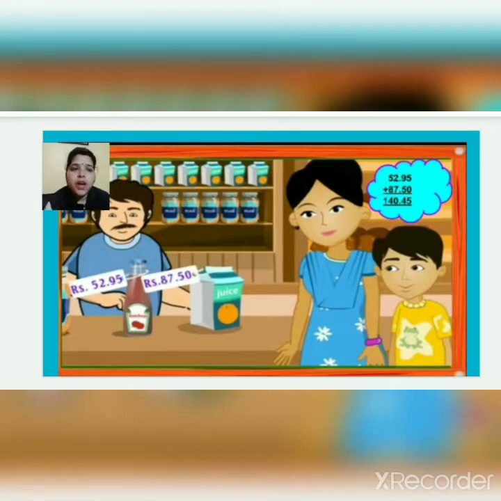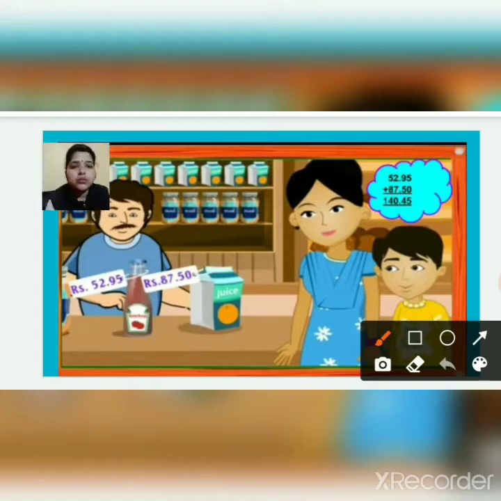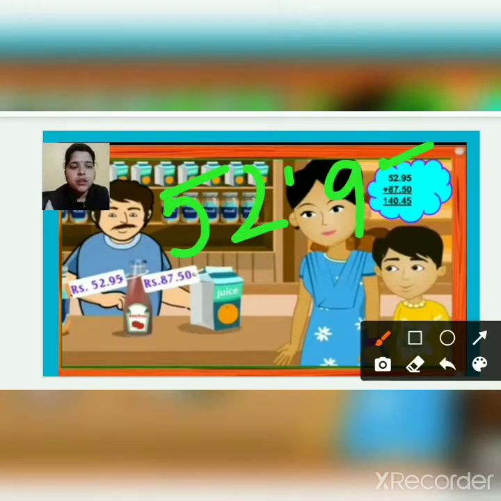If you have 87 rupees and another number 52.95, then how to add? You take 52.95 and you have only 87 rupees. So what to do? Write 87, put a point after that number and increase the zeros.